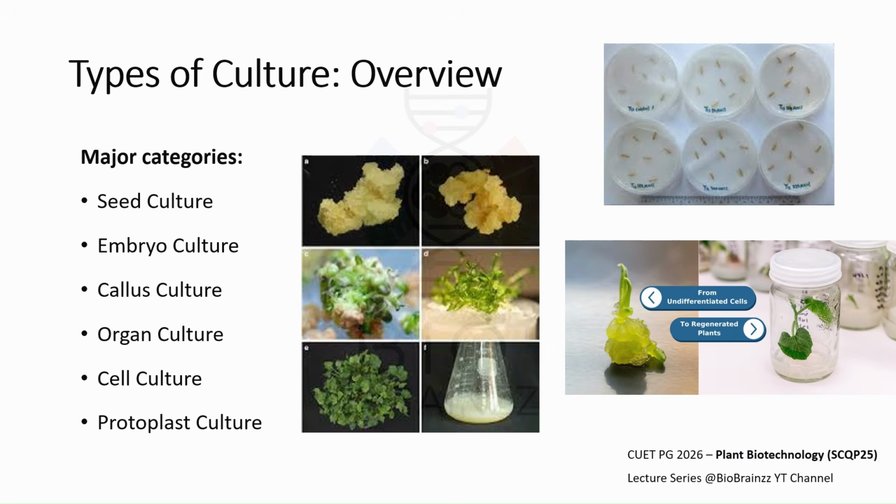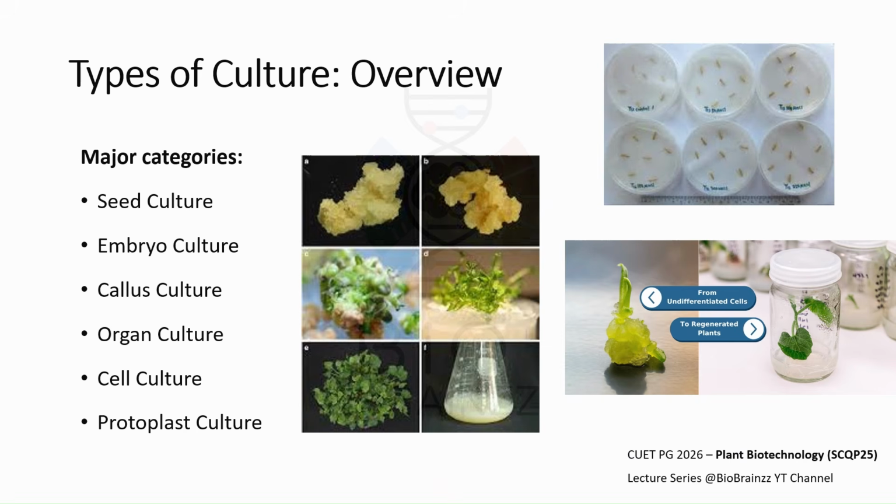This slide gives a bird's eye view of the six major categories of plant tissue culture: seed culture, embryo culture, callus culture, organ culture, cell suspension culture, and protoplast culture. All of these techniques are ultimately based on the same fundamental principle, totipotency, but differ in the kind of explant used and the experimental objective.